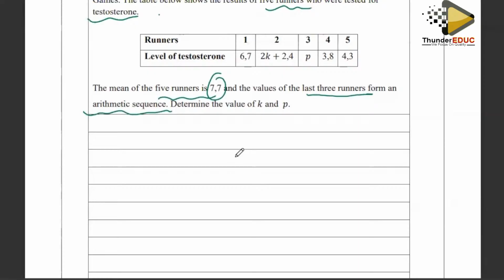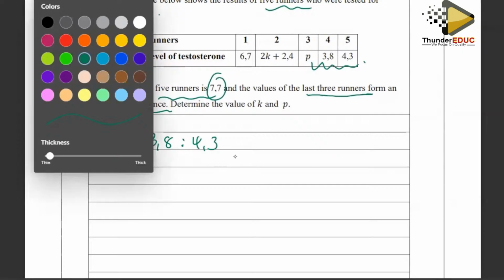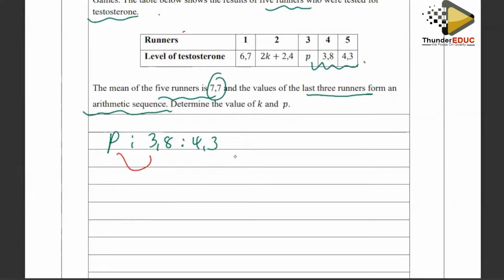Anyway, at least Pythagoras is not meeting with Shakespeare here, but at least the examiner is trying to haunt us. Okay, so let me start by looking at the last 3 numbers: P, 3,8 and then 4,3. For us to have an arithmetic sequence, the common difference needs to be the same. So 3,8 minus P, and then we know that 4,3 minus 3,8 gives 0,5.